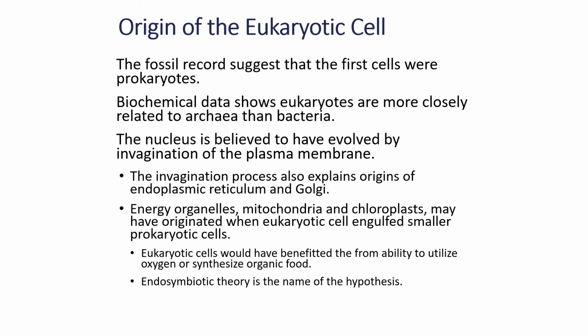And so we know this invagination, this infolding is possible. And so that's where the idea of how the nucleus and ER and Golgi evolved, or were formed, I guess, is the better term.